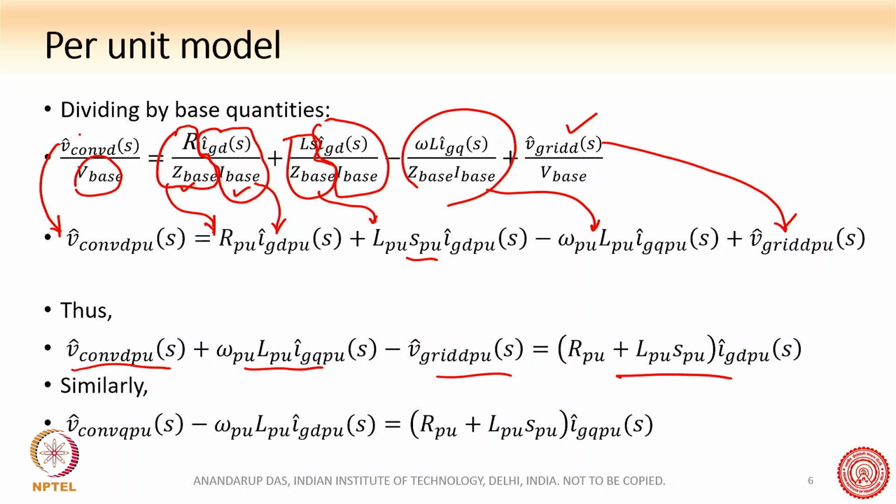In a similar way we can write down the q-axis converter equations, which are something like this. All quantities are now in per unit.